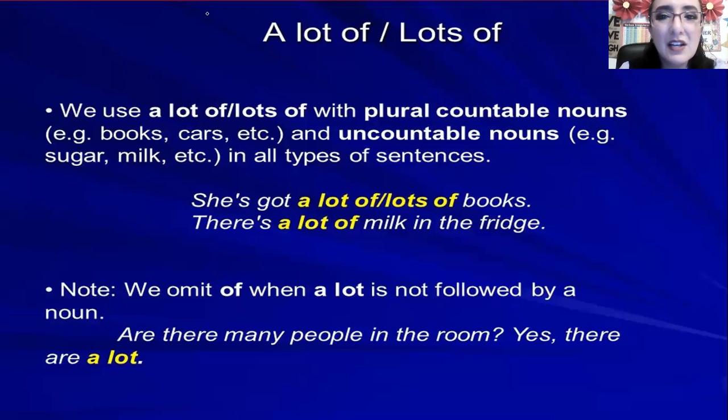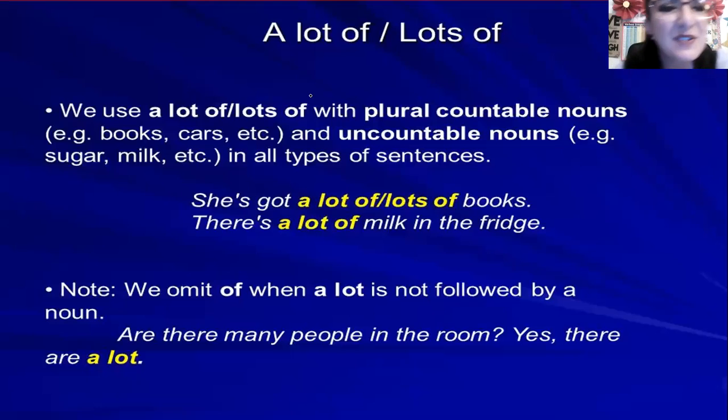Let's start with a lot of, lots of. But before we continue, is everything clear? I know that it is kind of easy, so don't worry. A lot of or lots of. What is the difference between these? We are going to use a lot of or lots of with plural countable nouns.